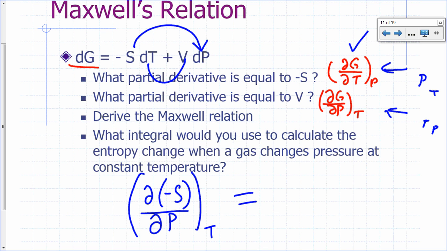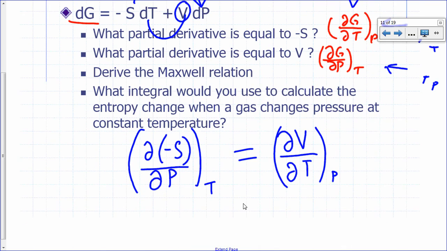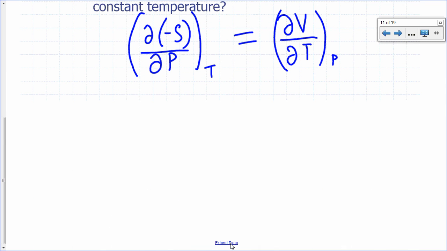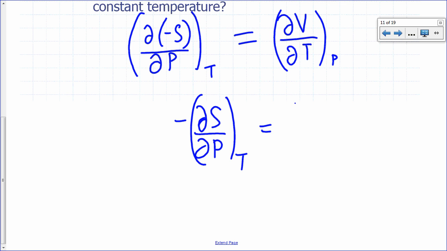That's going to be equal to the partial derivative of volume with respect to temperature, holding what constant? Pressure. So we can say then that the negative partial derivative of S with respect to P at constant temperature is equal to the partial derivative of volume with respect to temperature at constant pressure.